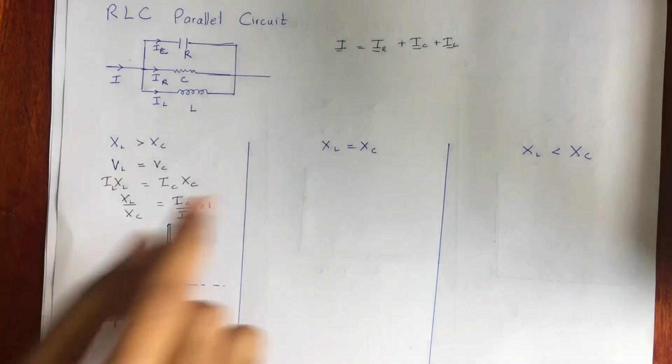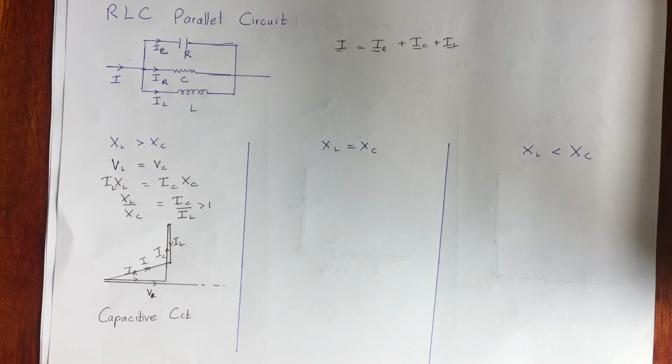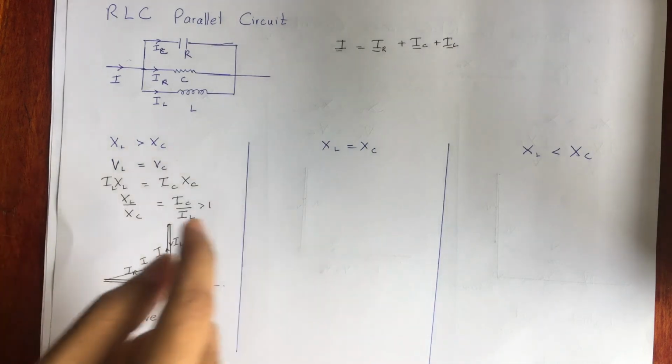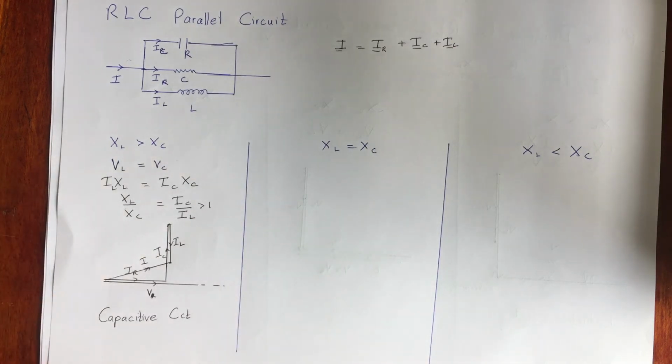So let's move to this one. When XL is equal to XC, as we discussed in the previous video, we give it a special name, which is resonance. So we can call it a resonance parallel circuit. In the series circuit also we learned that when XL is equal to XC, we can directly call it a resonance RLC series circuit.